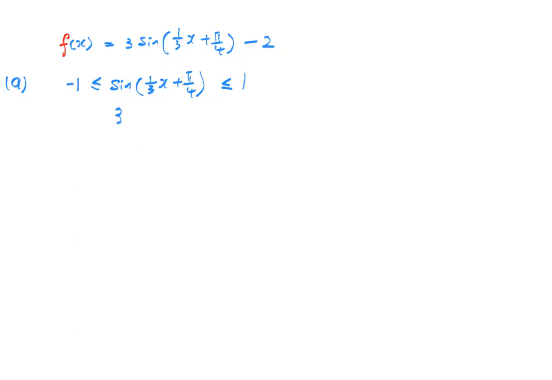So 3 times the sine of an angle, highest will be 3, lowest will be -3. For f(x), because you take away 2, 3 take away 2, I got 1. -3 take away 2, I got -5. So I'm done with my range.